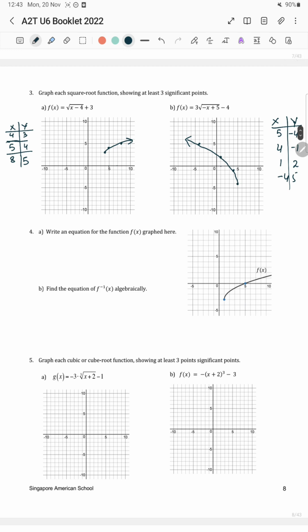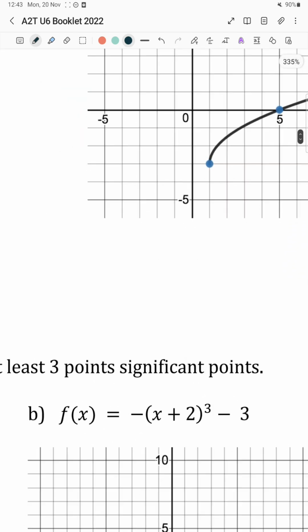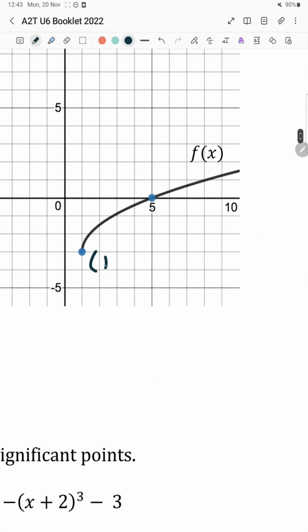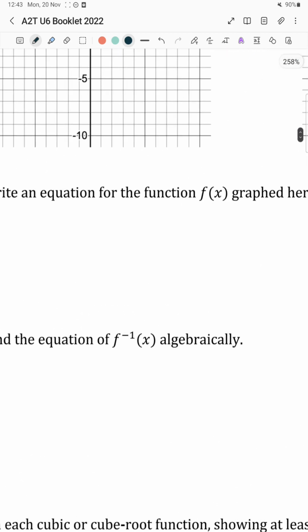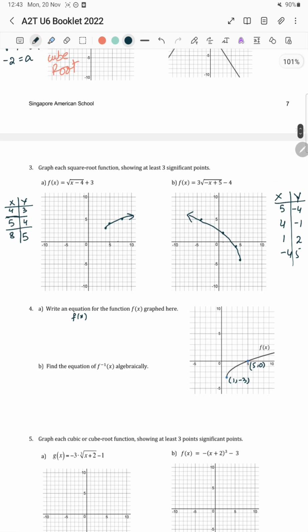Okay, write an equation for the function f of x graphed here. This is a square root function.